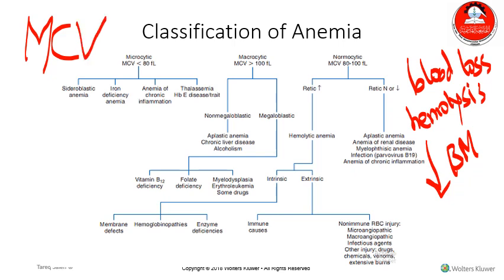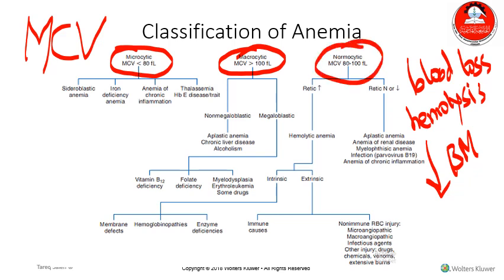So based on the MCV, we can classify anemia into microcytic anemia when the MCV is below 80 femtoliter, indicating that the mean volume of each red blood cell is less than 80 femtoliters. Macrocytic anemia, characterized by enlarged red blood cells when the MCV is more than 100 femtoliters, and then normocytic anemia, where the size of red blood cells is normal.